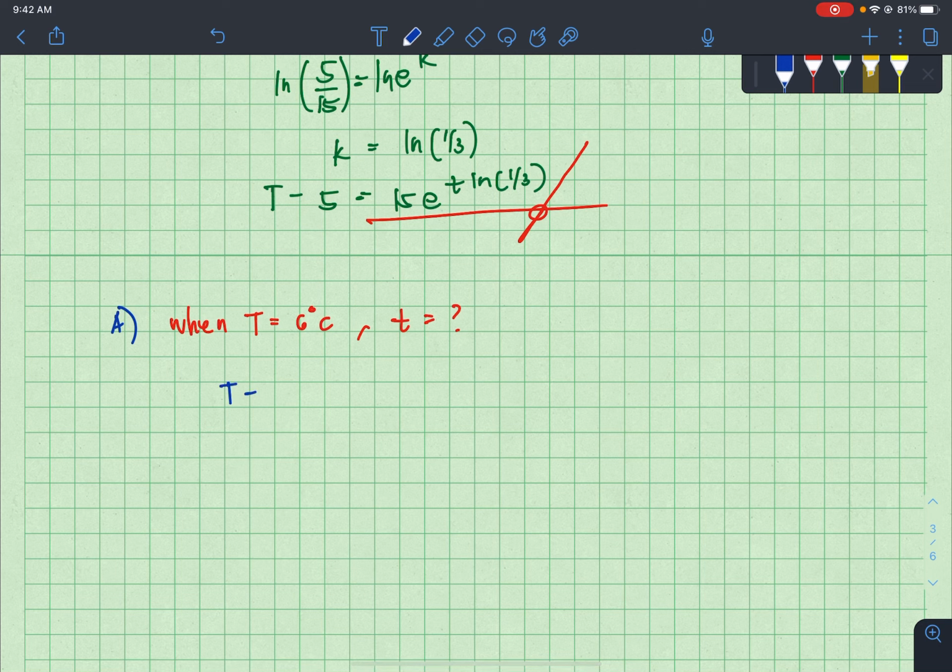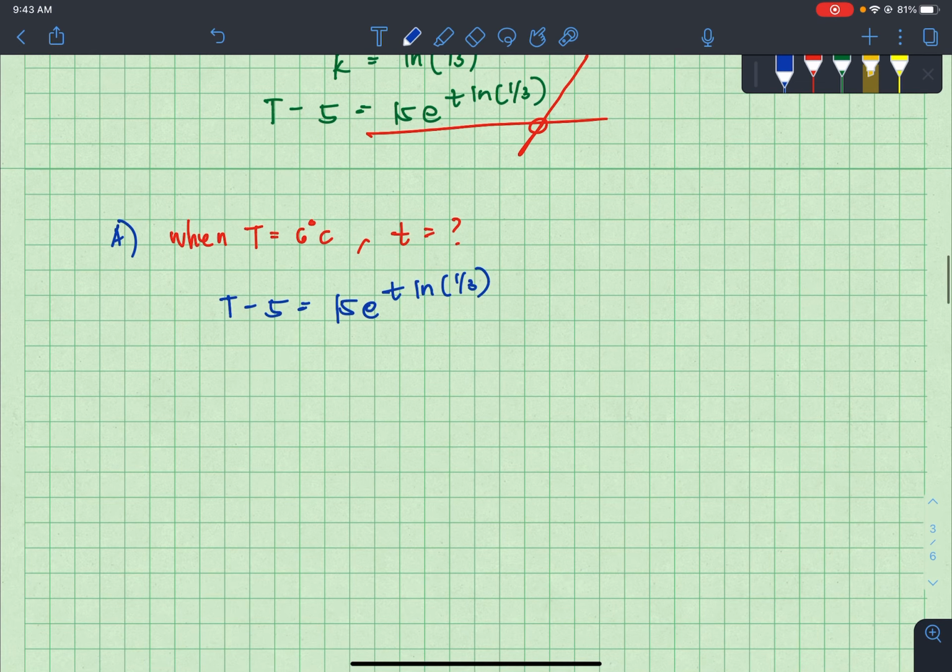T minus 5 is equal to 15 e raised to t ln of 1/3. So this is 6 minus 5 is equal to 15 e raised to t ln of 1/3. So this would be 6 minus 5 is 1, all over 15, is equal to e raised to t ln of 1/3.